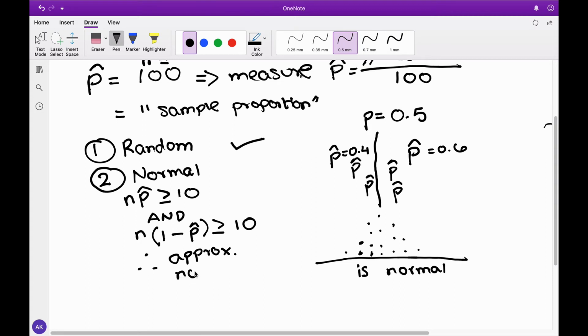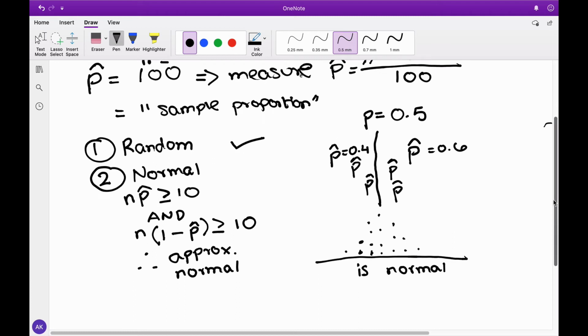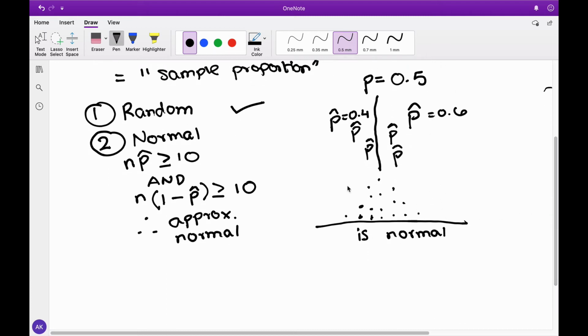Now you don't really know for sure. Even if you do all of this, you still don't know if it's going to be completely normal. But you can say that it's going to be approximately normal.